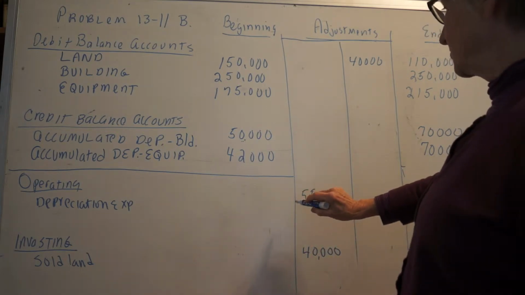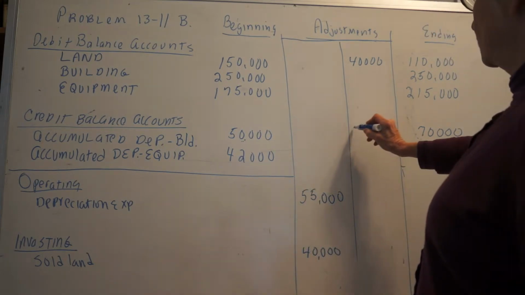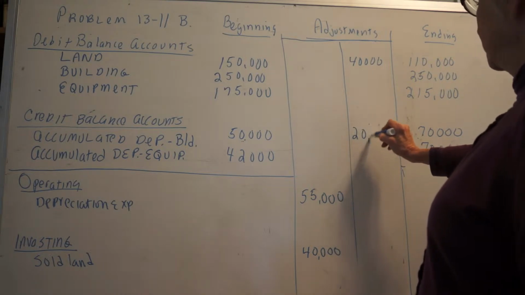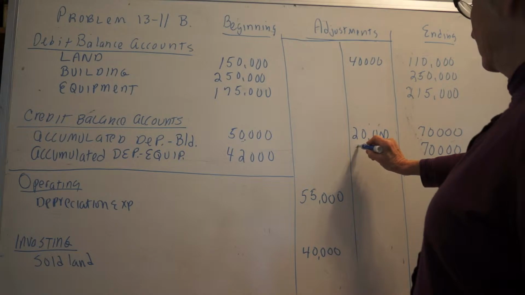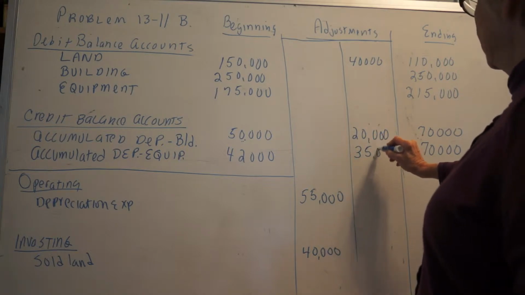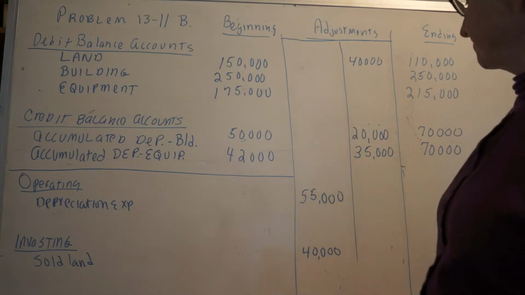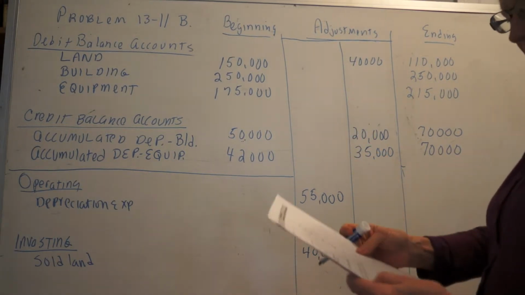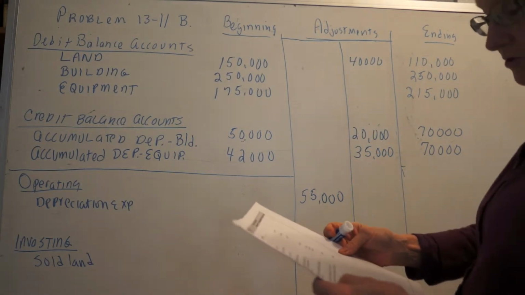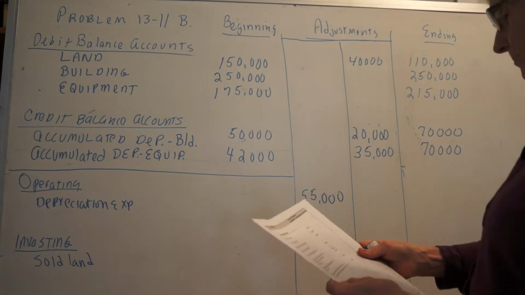So we can assume that of this 55, 20,000 goes with the building and the rest goes with the equipment. You could just check both beginning and ending balances of the accumulated depreciation too, but whatever works.